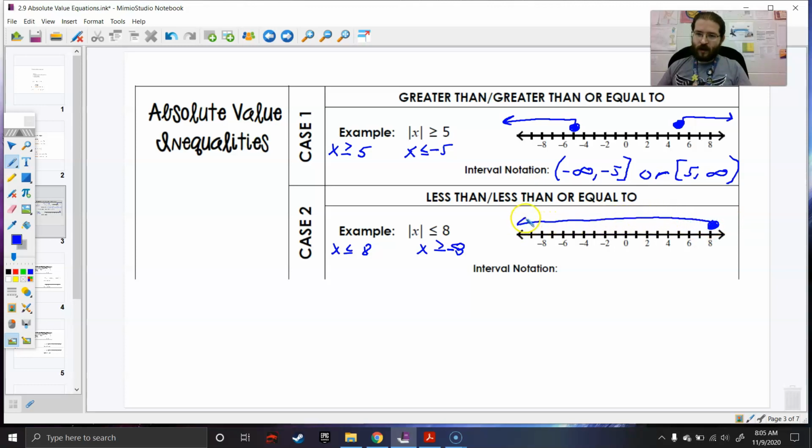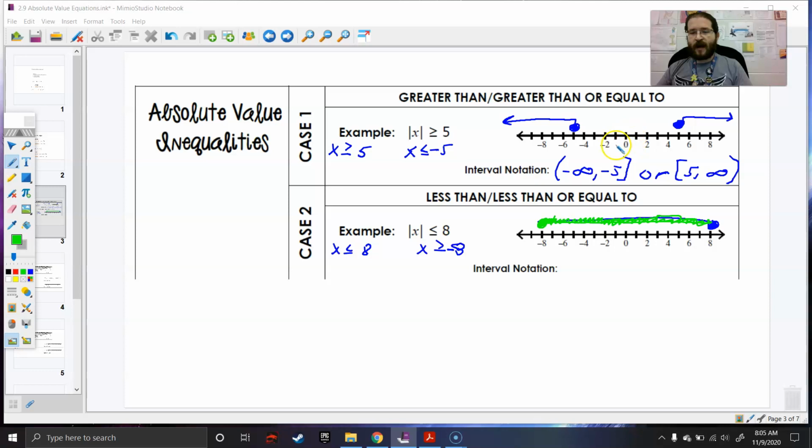That's all of these values. I'm going to change colors real quick. Then we have greater than negative 8, and it's going to be these. All the values inside this area would be our solutions, so we can get rid of this part because those aren't part of our solution set.